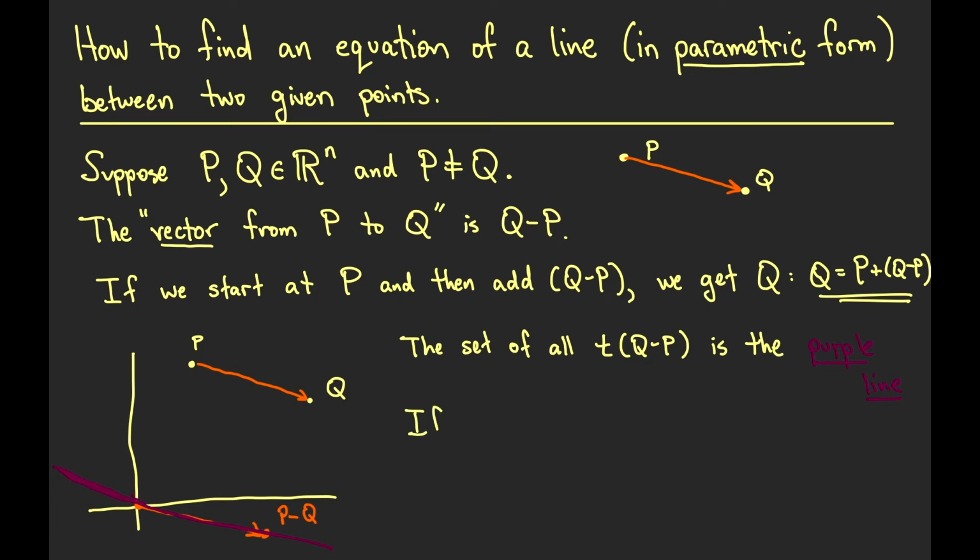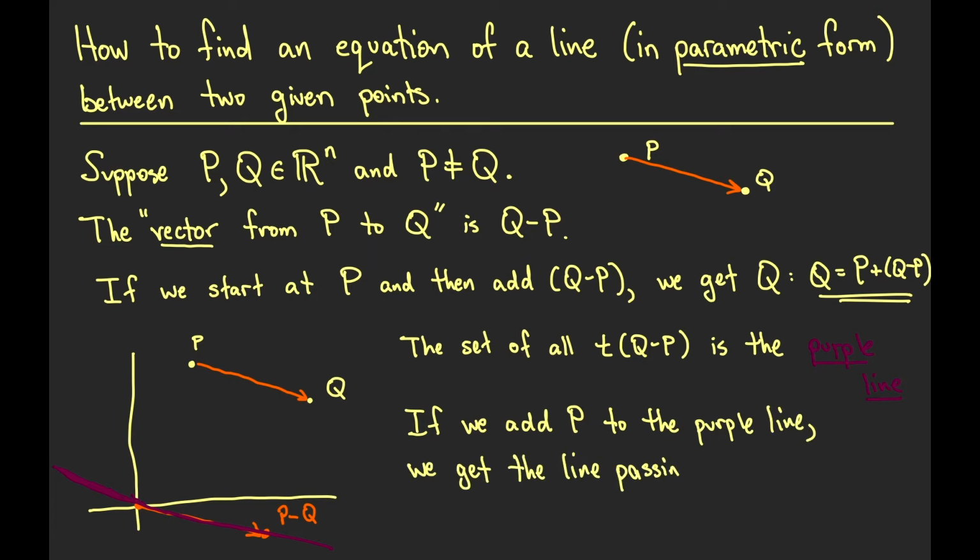So now we know how to draw the equation of a line through the origin. If we add P, though, to the purple line, we get the line passing through P with the same slope, because it's just going to be a translation. And this leads to the line in red, which is exactly the line that we wanted to find the equation of.